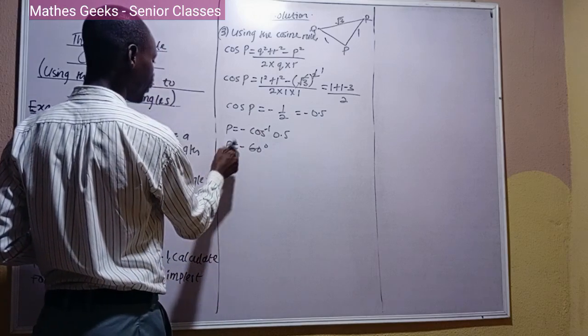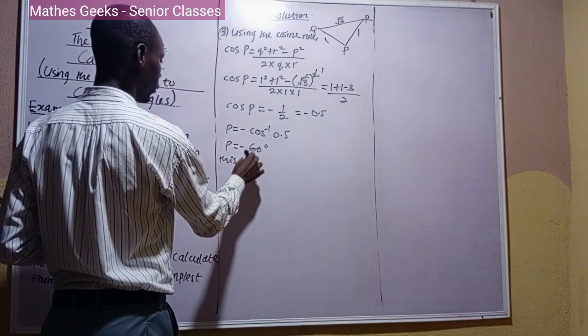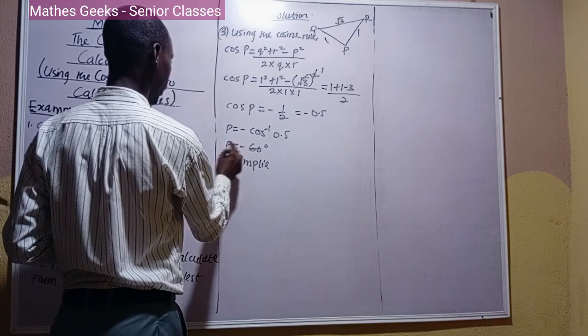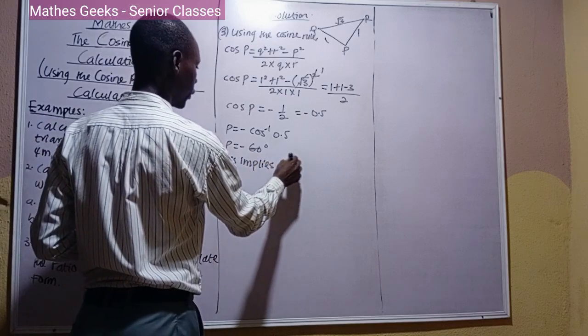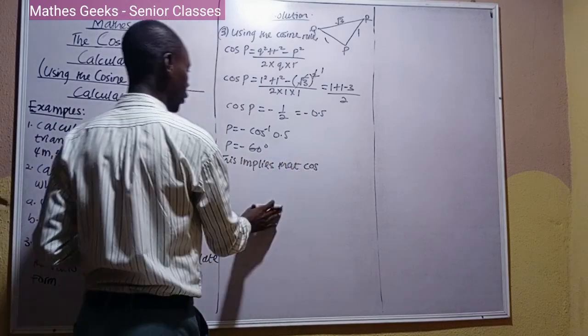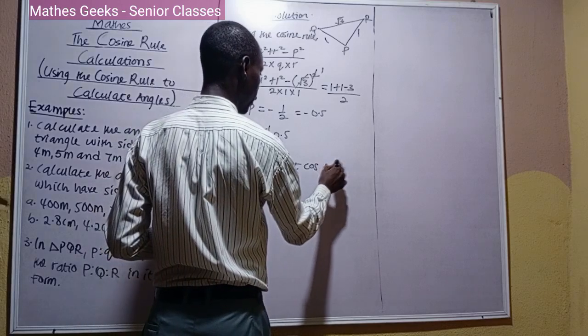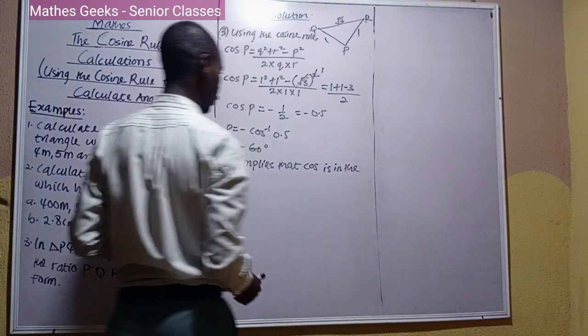So this implies that cos is negative, in the second quadrant.